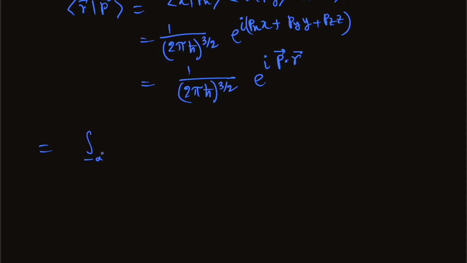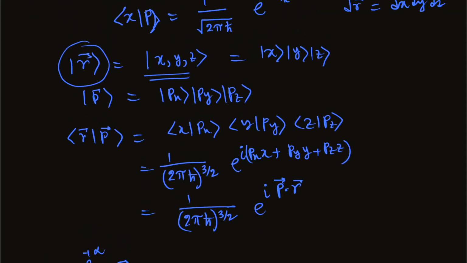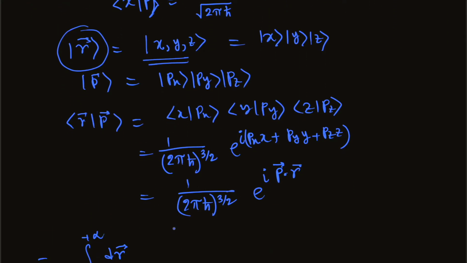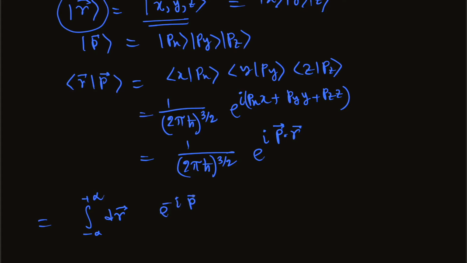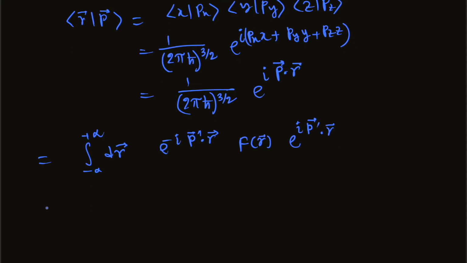So that will become the integral from minus infinity to plus infinity dr, this will be e to the power minus i p'' dot r, f(r), e to the power i p' dot r, that is the integral from minus infinity to plus infinity dr e to the power i (p' minus p'') dot r f(r). Now this is a general form.